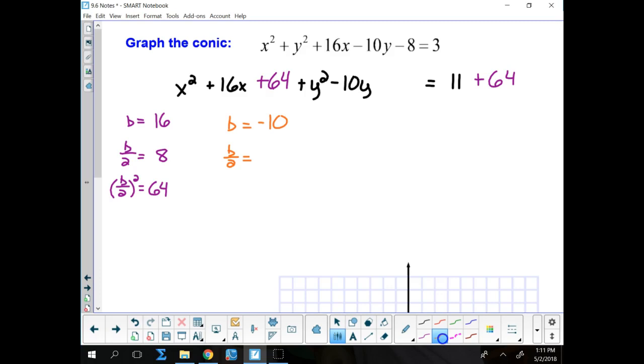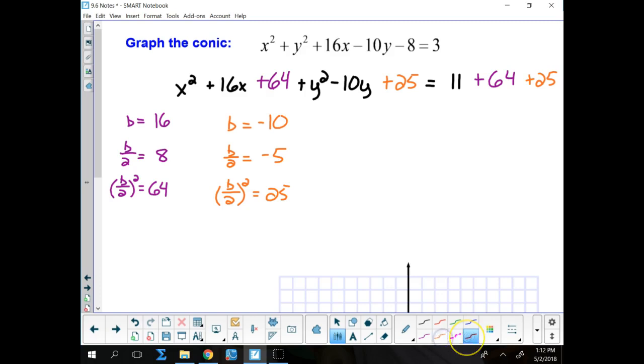Negative 5. That squared is 25. So this gap gets filled with 25. But again, I've created an imbalance, so I've got to add 25 to the other side.